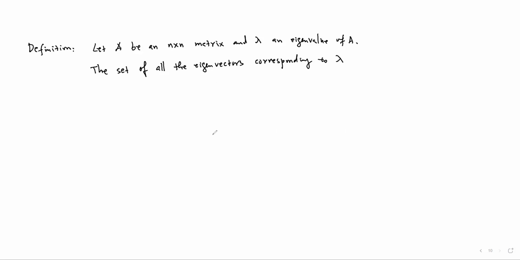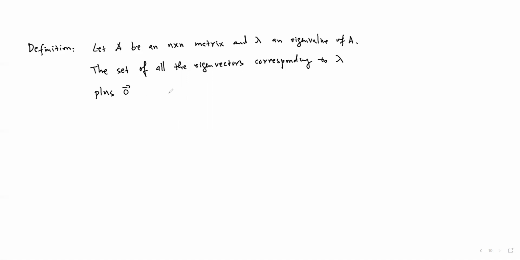An eigenvector is a non-zero vector. Okay, put all the eigenvectors together, then we have a set, and also plus the zero vector. Also insert the zero vector into the set. Then all the eigenvectors plus 0.